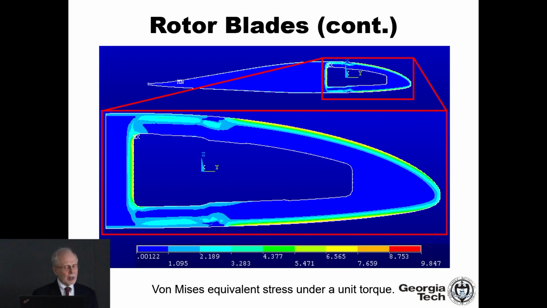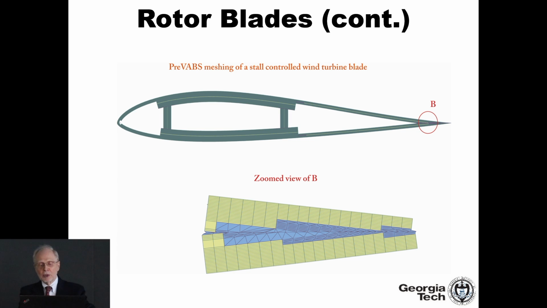This is an example of stress recovery for an actual helicopter rotor blade section, courtesy of Bell Helicopter. This is a wind turbine blade, and you can see that the mesh is very, very fine as we have blown up the indicated region near the trailing edge to zoom in at the bottom of the screen there.